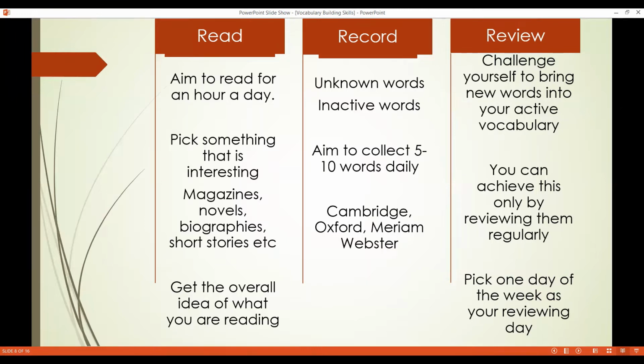Keep those words aside, maybe in a column in your rough register which you have kept specifically for your reading and recording of words. Later on, you can try to find out the meanings, and not only the meanings, but the usage of those words in sentences. That's how you can improve. So keep an hour a day for yourself, okay?